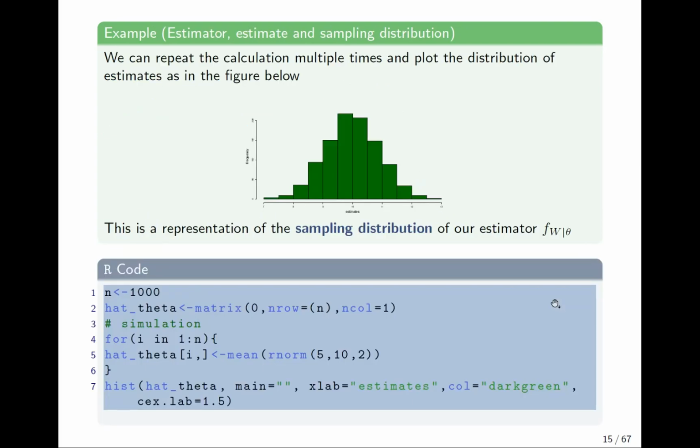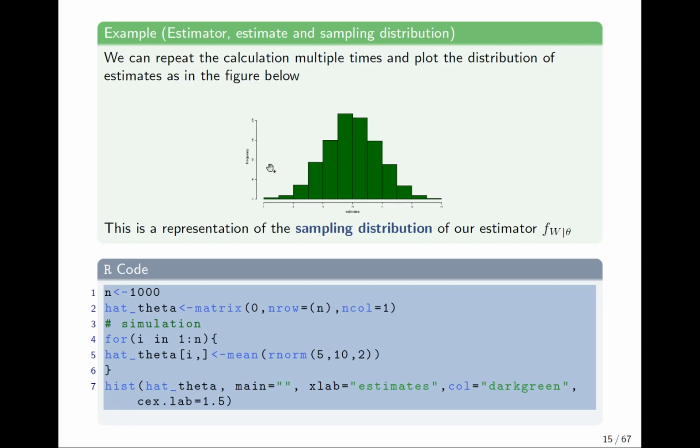Okay, and we can repeat this exercise many times, as we've done here. When we repeat this exercise, we're essentially able to represent the sampling distribution of our estimator. To get this graph, we've sampled 5 values from a normal distribution with mean 10, variance 4, 1000 times in R. We've collected these values and plotted them.